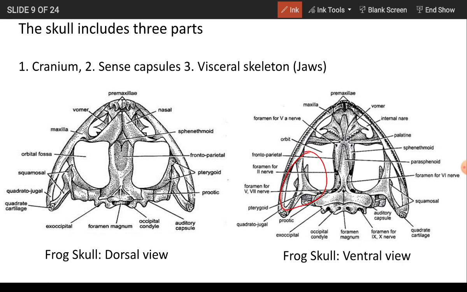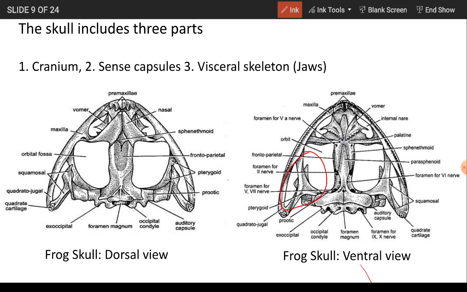Each pterygoid is a large Y-shaped bone. Each pterygoid is a large, Y-shaped bone having three rays or limbs.